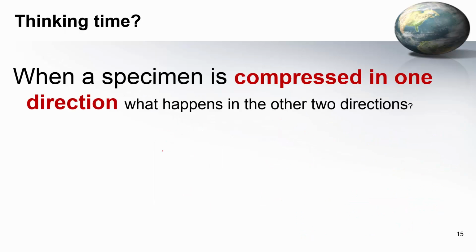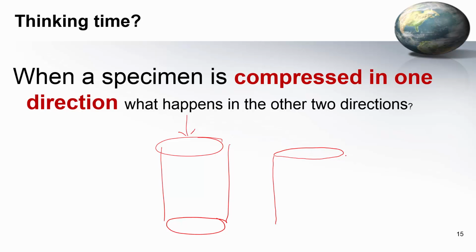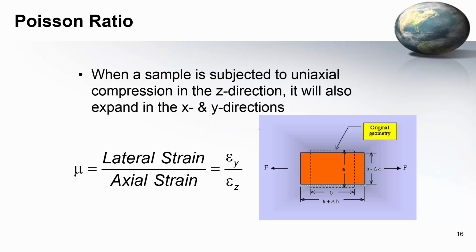So when a specimen is compressed, it gets shorter, but it gets wider. It expands while it is compressed. So the Poisson's ratio, which is a property of a biological material, is defined as lateral strain by the axial strain.